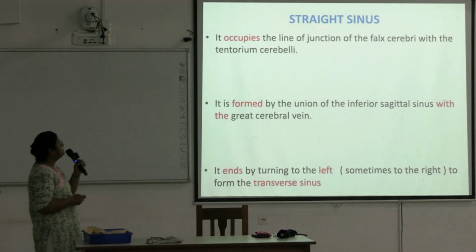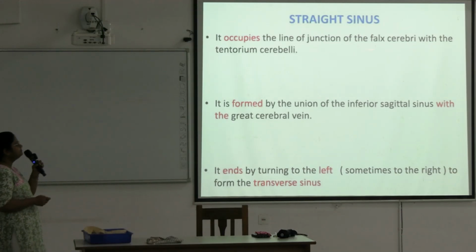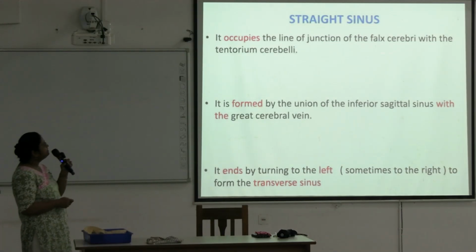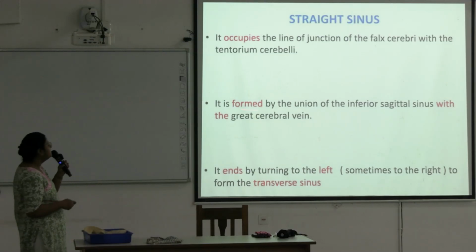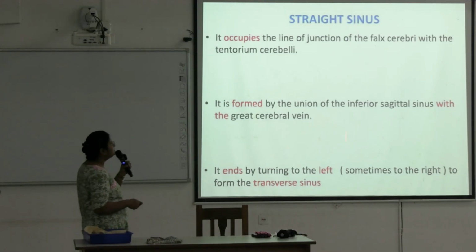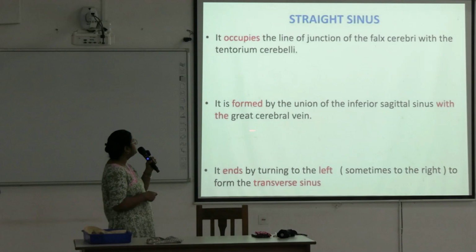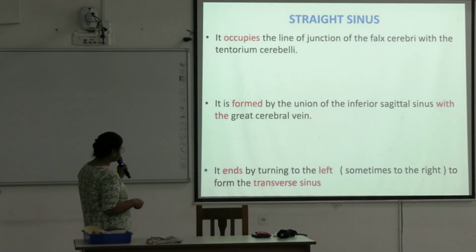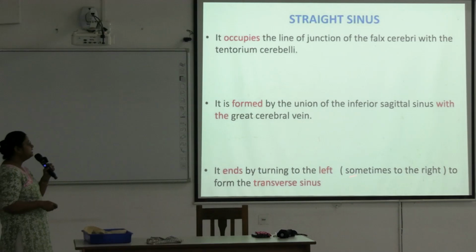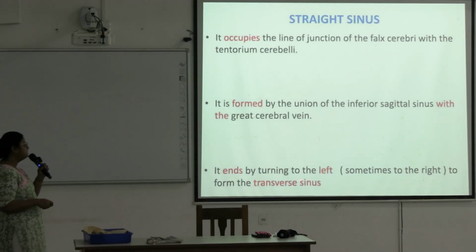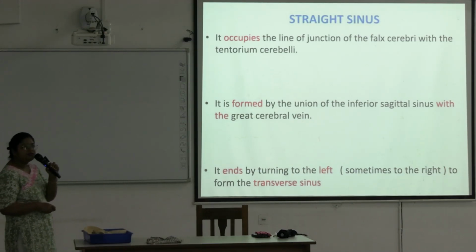Next we go to the straight sinus. It occupies the line of junction of falx cerebri with the tentorium cerebelli. We have seen in the previous picture, it is formed by the union of inferior sagittal sinus with the great cerebral vein. It ends by turning to the left side, sometimes to the right, to form the transverse sinus. Okay.